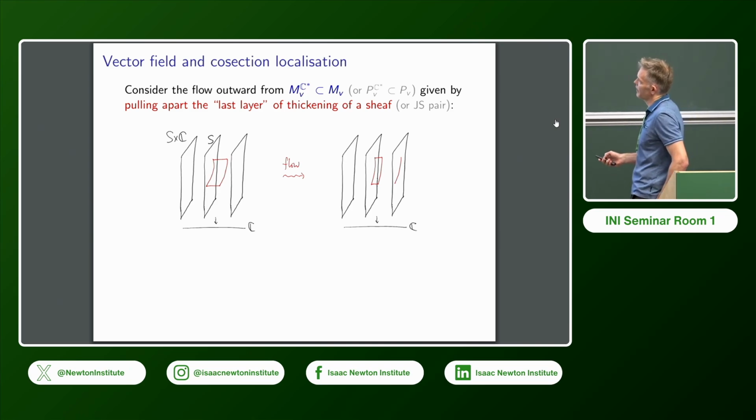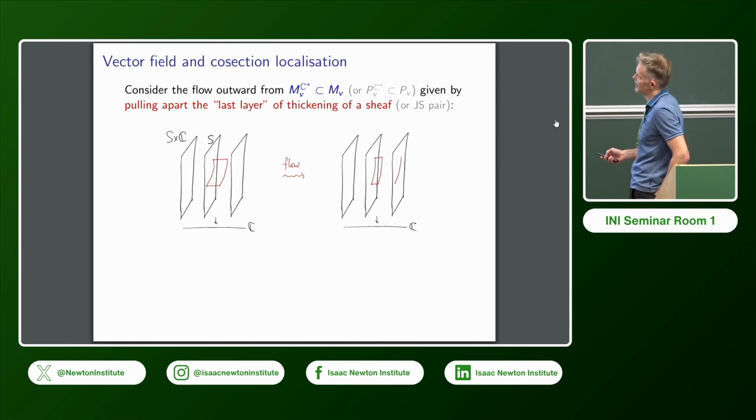You start with a thickened guy and you pull off the last layer. So you should imagine this is like Cx divided by x to the d. And then you replace it by Cx divided by x to the d minus 1 and another copy of Cx divided by x. Okay, and you flow this copy off, you translate the last layer of the sheaf off in the C direction, you leave most of the sheaf alone.